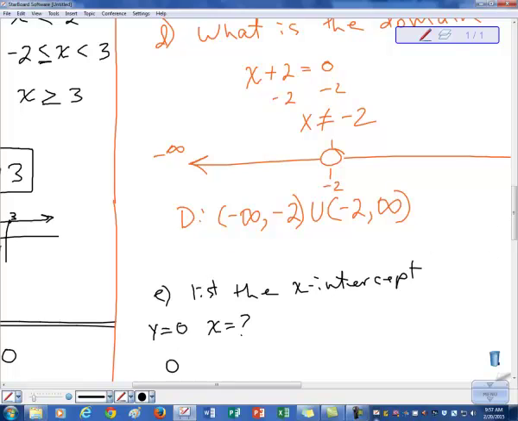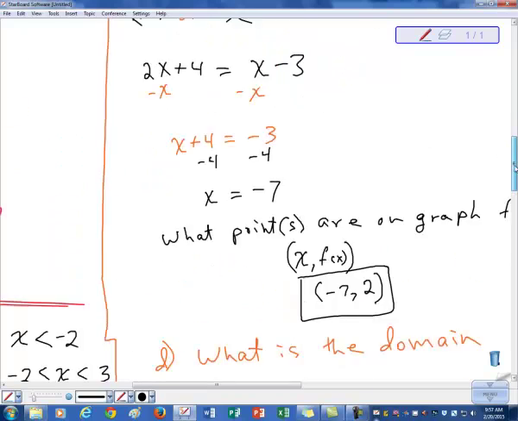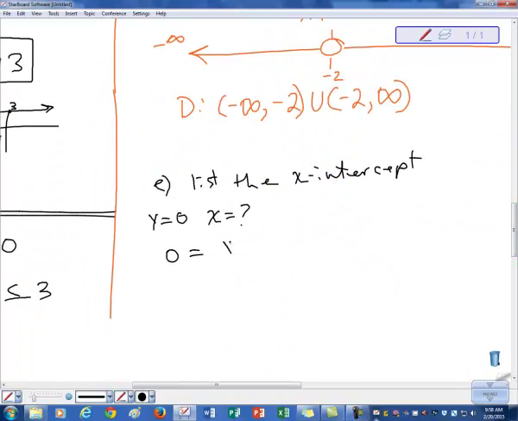So we would put 0 in here for f of x, and then we're going to put in there the x minus 3 over x plus 2. And then solve, we've got to multiply out the denominator, which makes that go to 0. So technically, you could just set the numerator equal to 0.